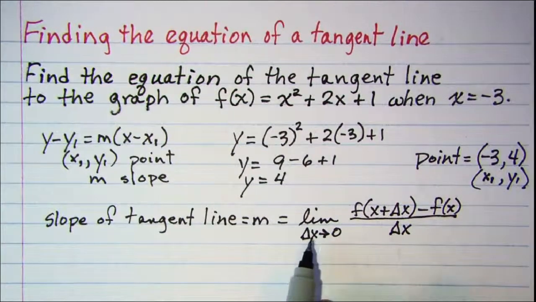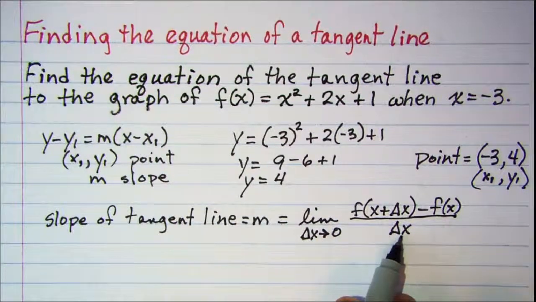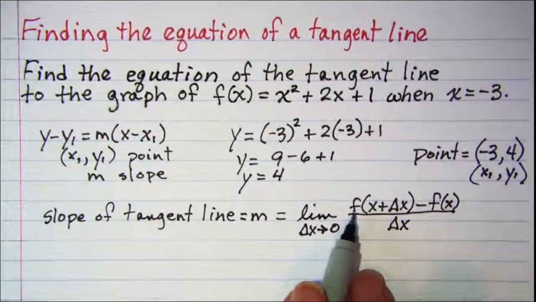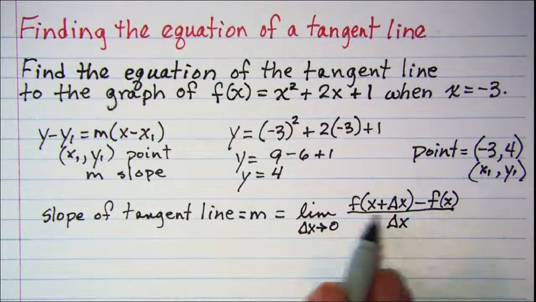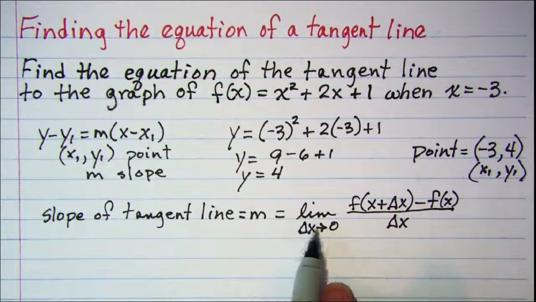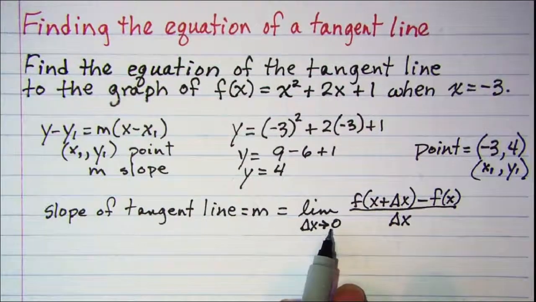So we know that we cannot use direct substitution because that'll cause division by 0. So I need to find my expression and then find the limit as delta x approaches 0.